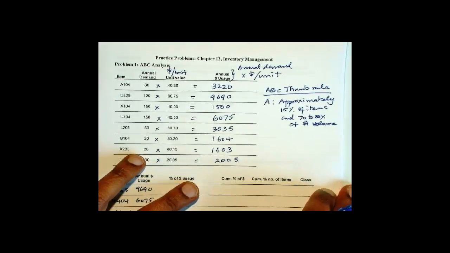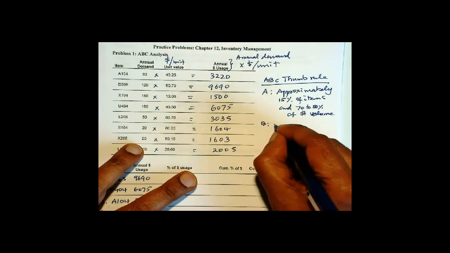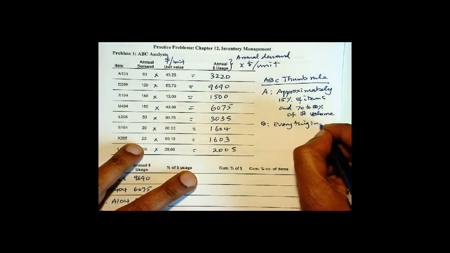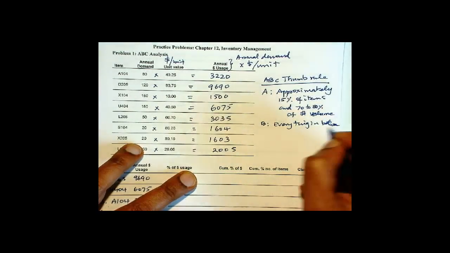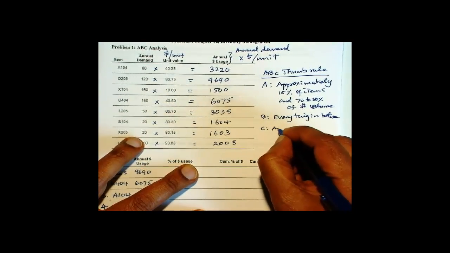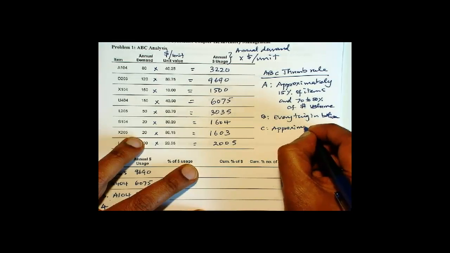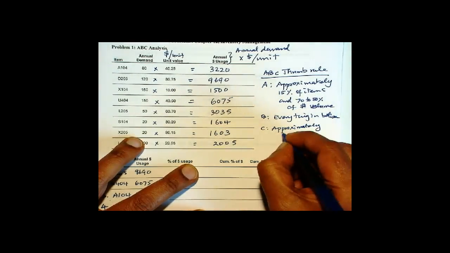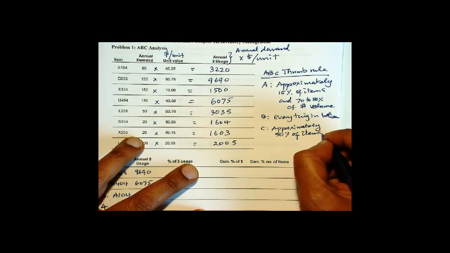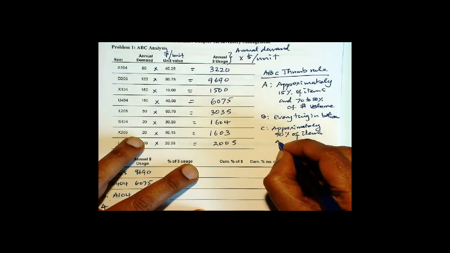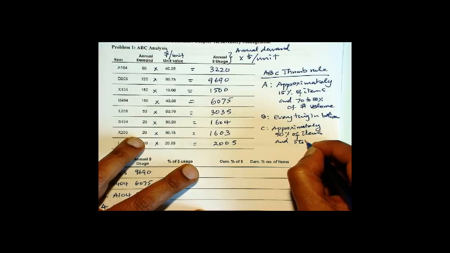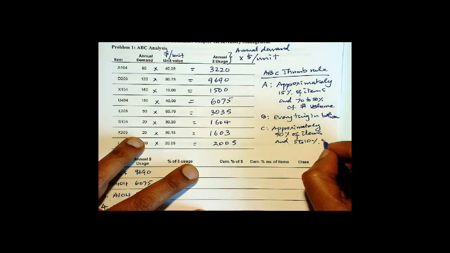Class B is everything in between. Class C is again approximately 50% of items and 5 to 10% of dollar volume.